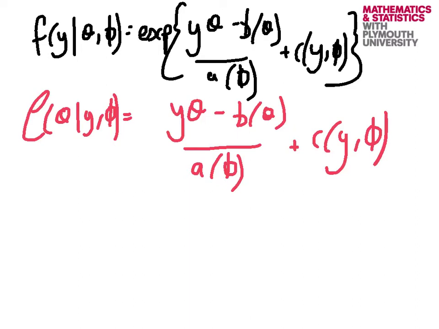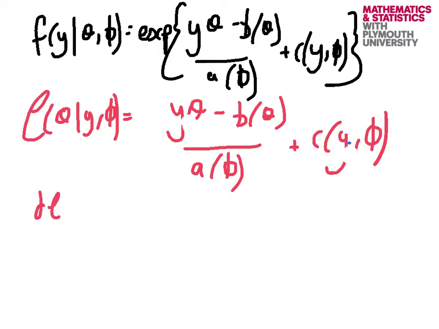If we want a likelihood for lots of observations, we just need to add a summation and apply the function across individual values of y. Let's keep things simple by just considering single observations, and one of the first things we want to do is to find the score equation.